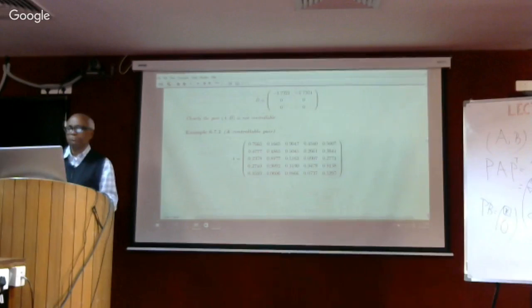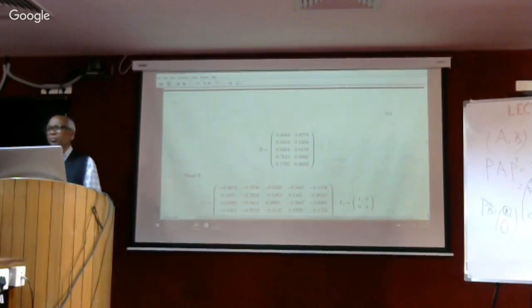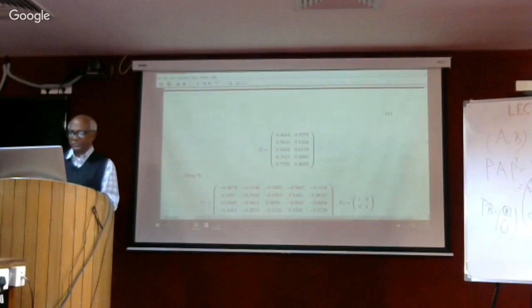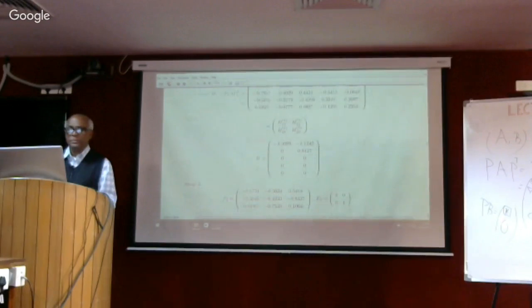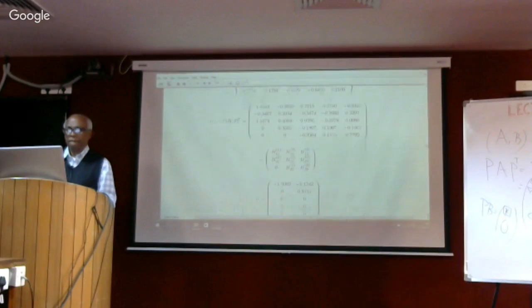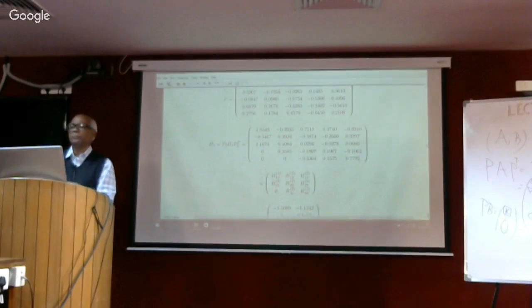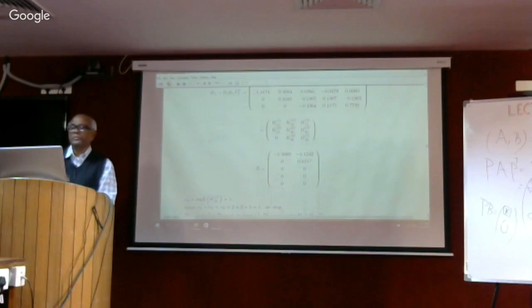Here is a 5 by 5 matrix, and B is for a 2-input system. B has 2 columns. We go through the steps of the algorithm, and we arrive at the following. This is the final block of our matrix, H2, and your B prime has this block.